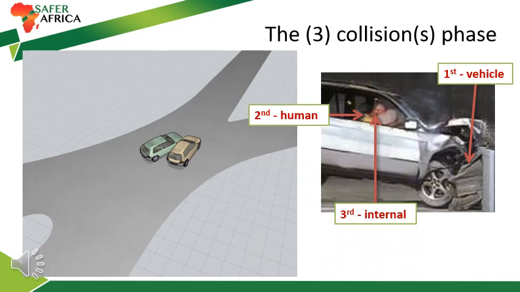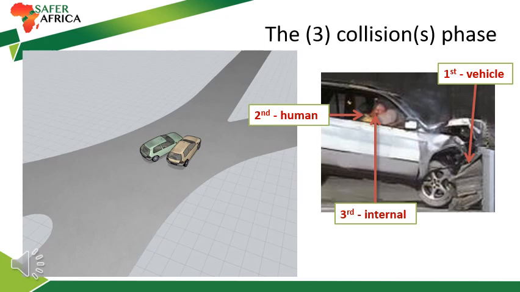Moving to the collision phase, let's have a look at the concept of the second and third collision. When the two cars collide, we have the crash. A motor vehicle crash consists of more than just the vehicle crashing into another object. There are 3 separate impacts in most crashes, not only one as most believe.